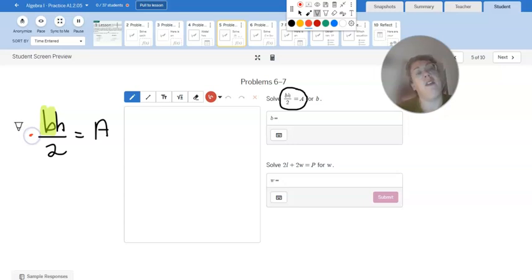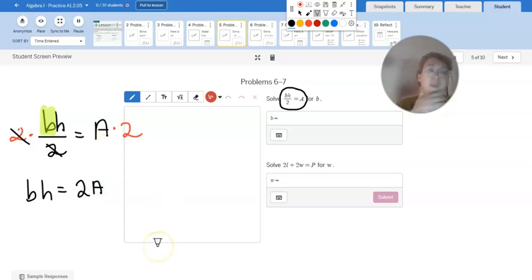So first, the opposite of dividing by 2 is we can multiply both sides by 2. The 2 divided by 2 will cancel, and we just have b times h equals 2 times a. Just normally put the number in front of the variable. A times 2 is also correct and fine, but it's just normal to put the integer in front.